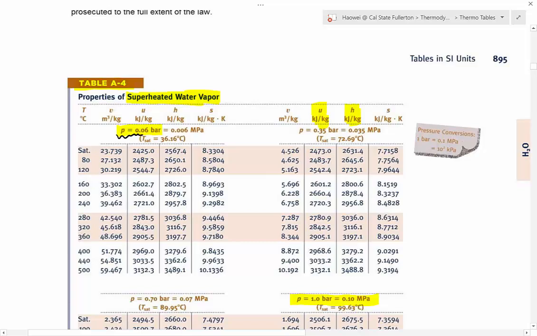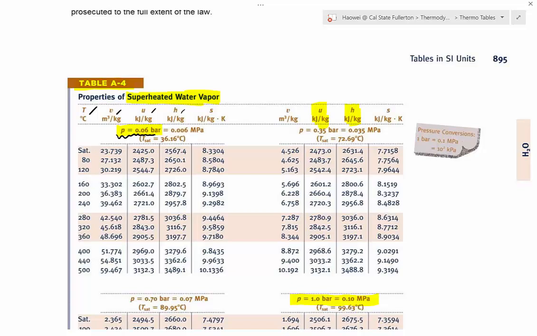For example, this one is at 0.06 bar. In addition to pressure, you need another input. It can be temperature, specific volume, internal energy, or enthalpy. Can be anything. Do we have two inputs?